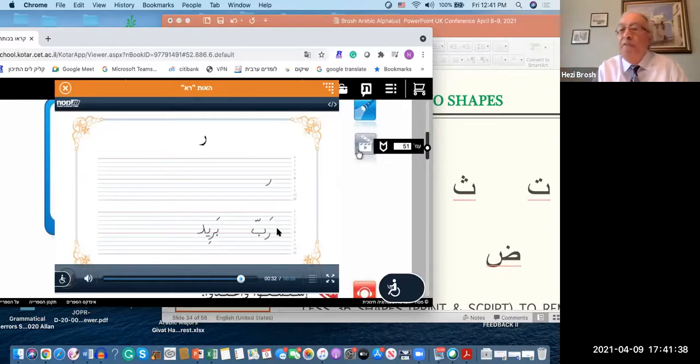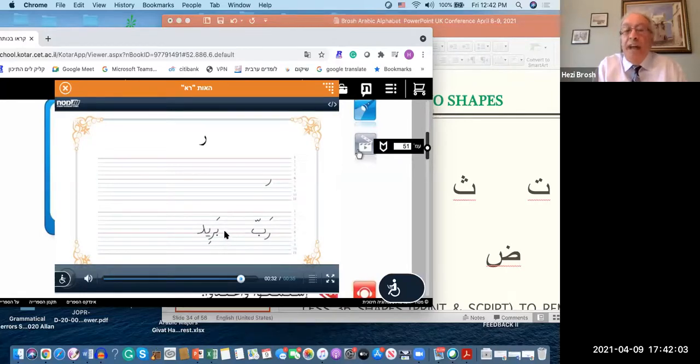If there is ba before the ra, he should remember to elevate the ba, so you will get this connection. But as a teacher, I put the ra where I want to put it, so the students will not have to think if there is ba before the ra, I need to elevate the ba because the ra starts above line 6. You see what I'm saying?